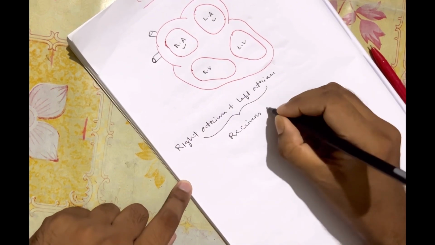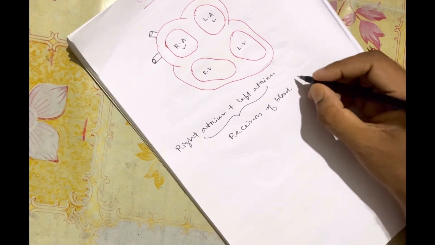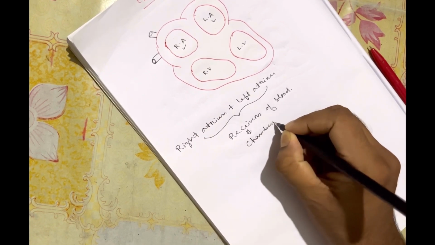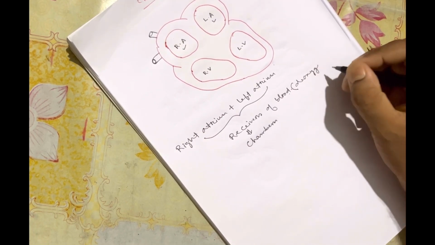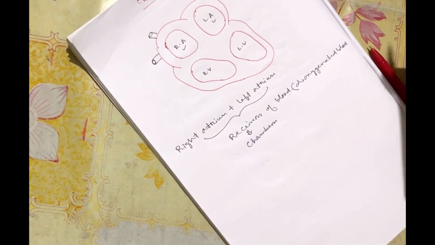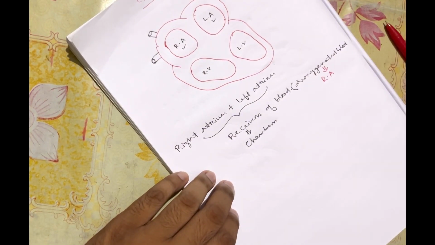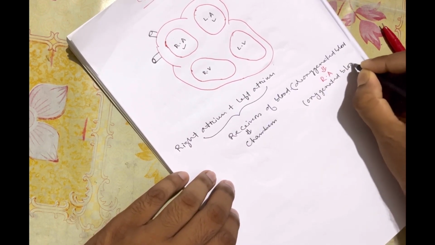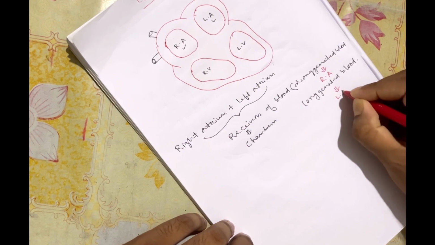They are receiver chambers of blood: deoxygenated blood in case of the right atrium, and oxygenated blood in case of the left atrium.